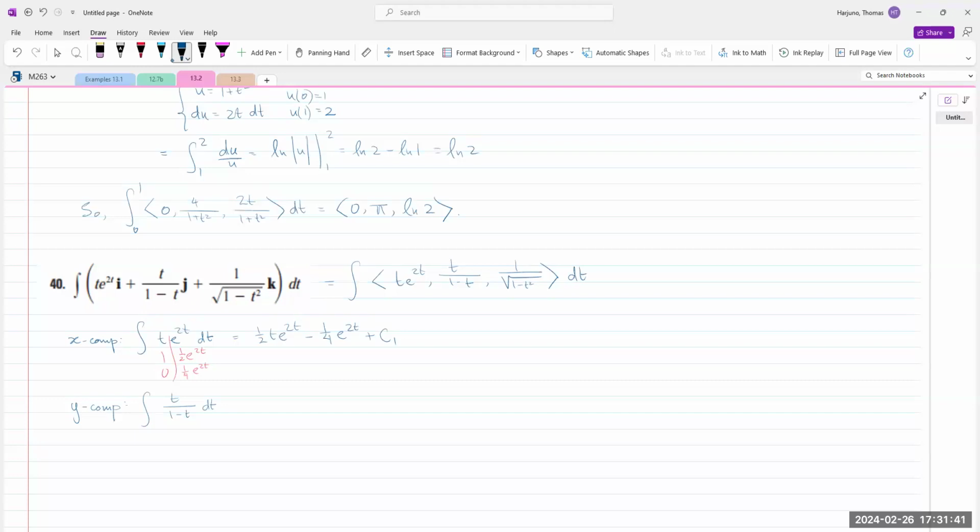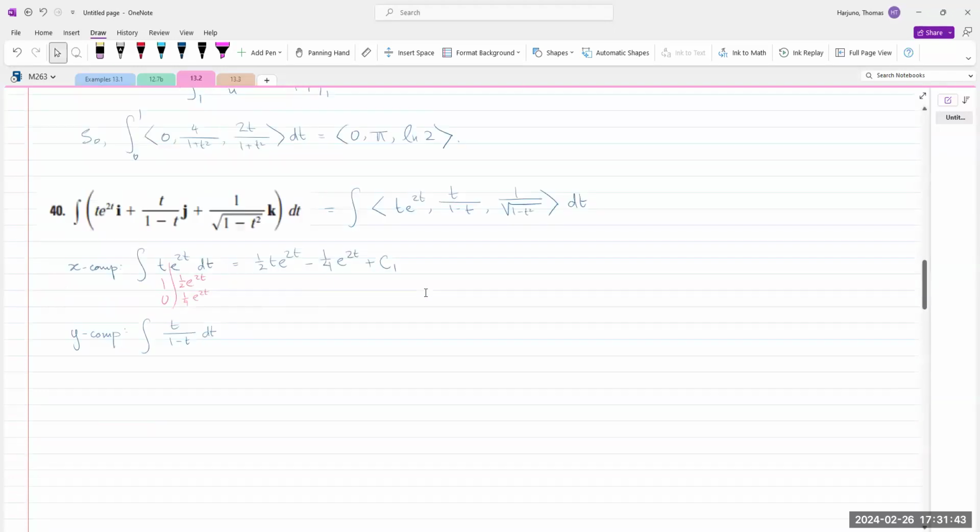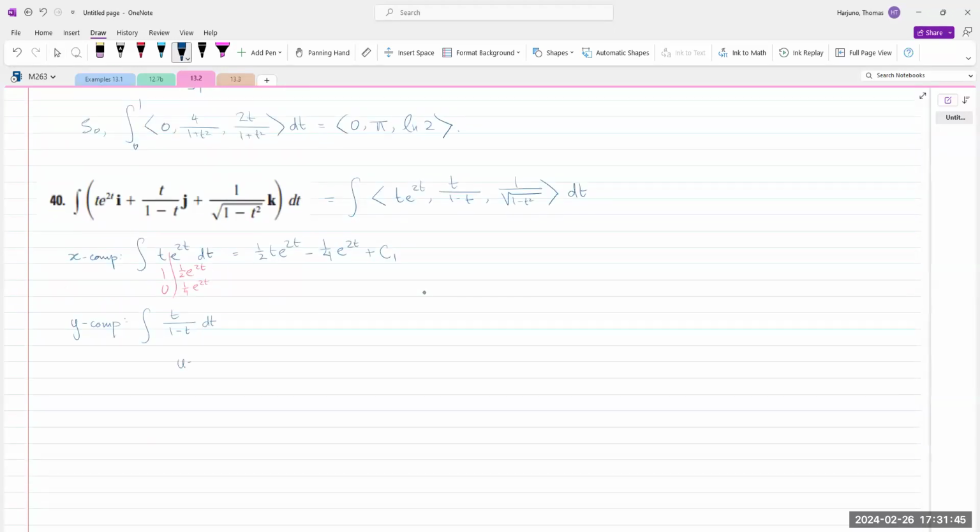I think I need to do substitution. So let u equal 1 minus t, therefore t is 1 minus u, and dt equals negative du, right? Maybe I write it backward. So du equals negative dt.